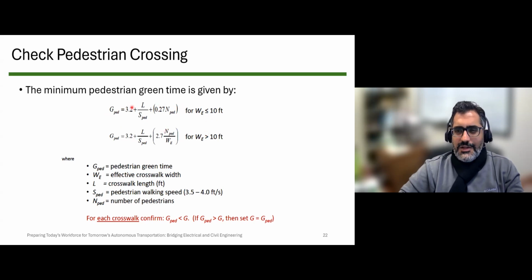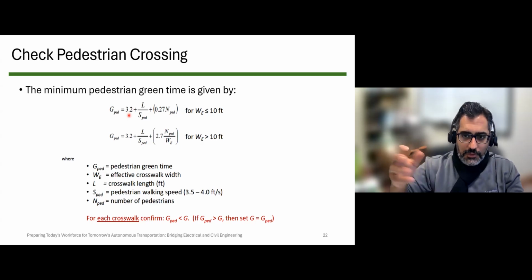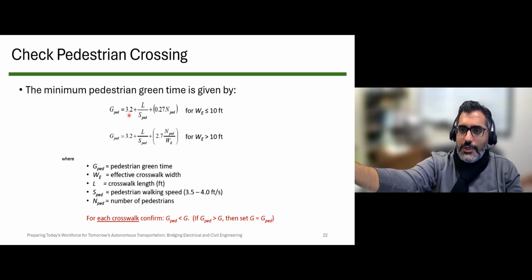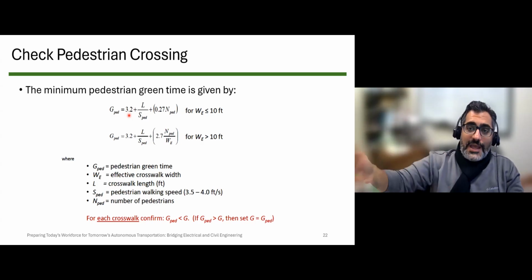Now you see that there is a constant part here, 3.2 seconds. What is that? This is something that we call pedestrian startup time. It includes the time for pedestrians to perceive that signal that they have the right of way now, they have the green light to cross, to react to that, and move from the place that they are standing until they get into the intersection.